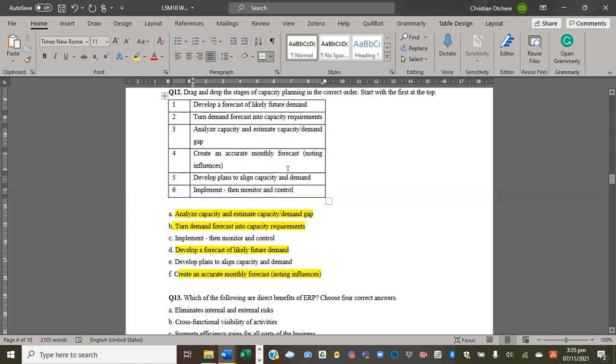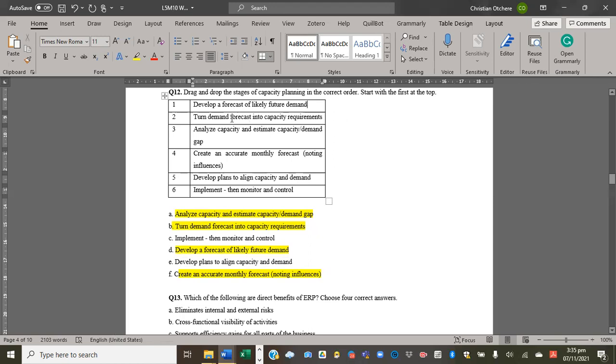Right. So the order isn't wrong. The order isn't bad. Yes, the first one, which is develop a forecast of likely future demand, comes first.